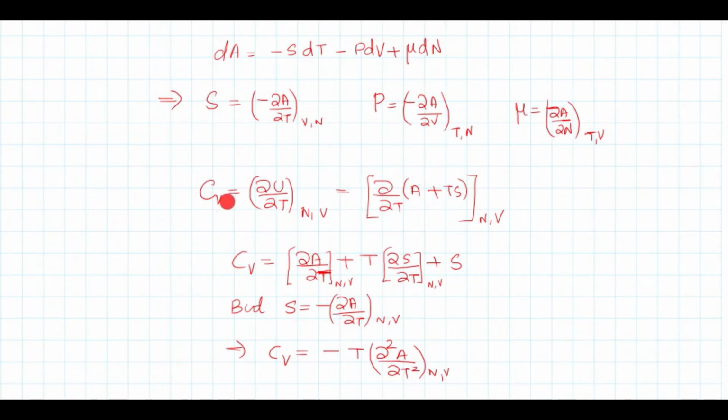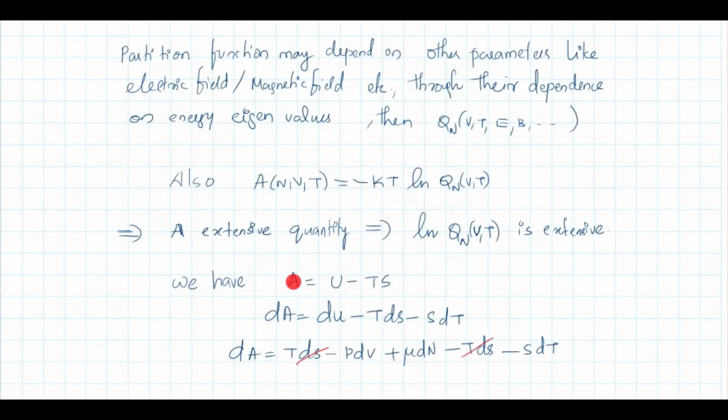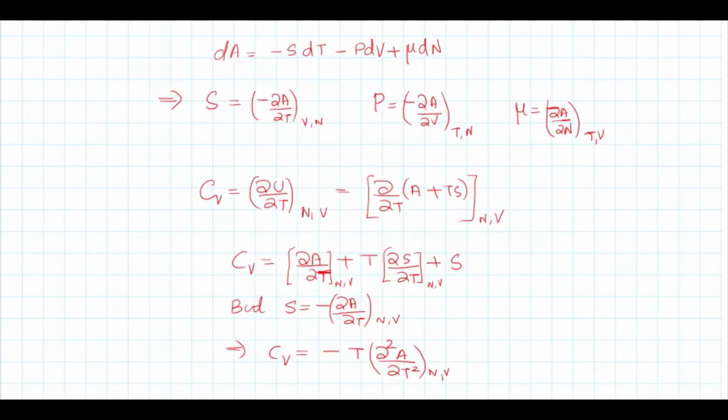Now, what is CV? Specific heat at a constant volume. That is nothing but dou U by dou T at a constant number of particles and constant volume. And U is nothing but A plus TS, because we mentioned that A is U minus TS. So U is A plus TS. Taking derivative, this becomes dou A by dou T at a constant N and V plus T into dou S by dou T at a constant N and V plus S into dou T by dou T, which is 1.